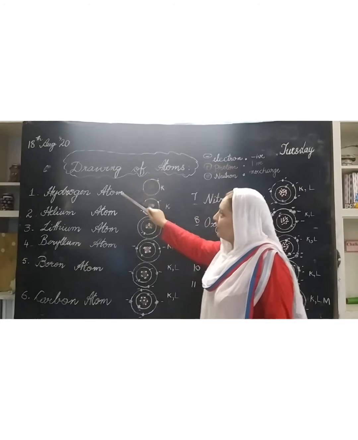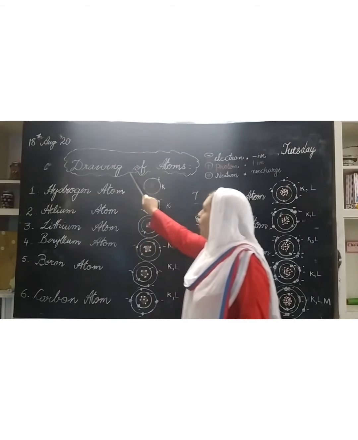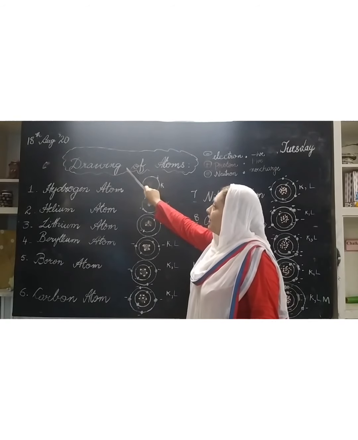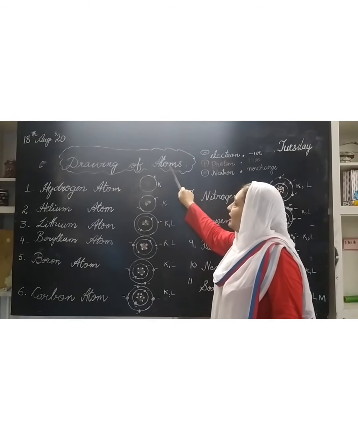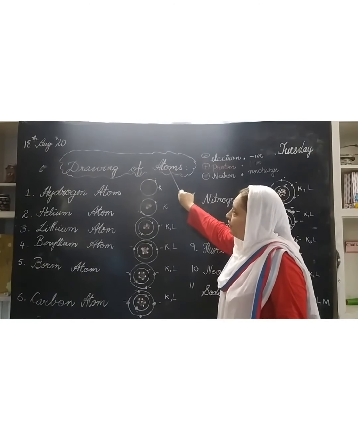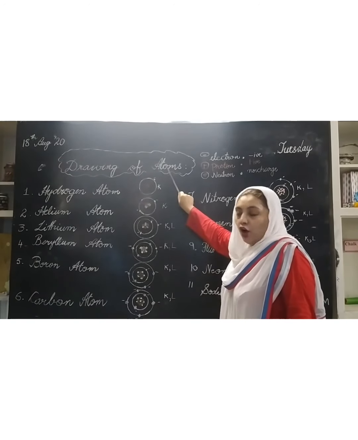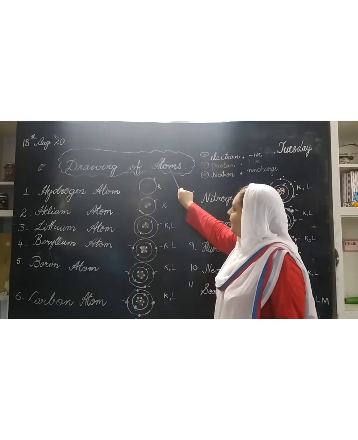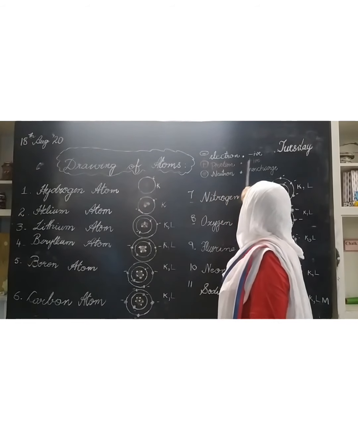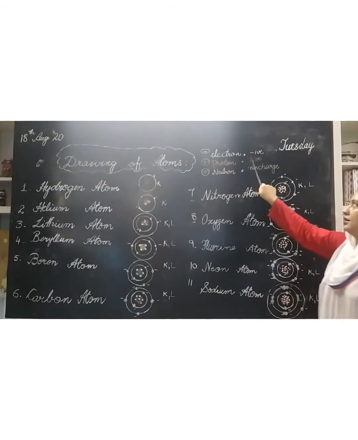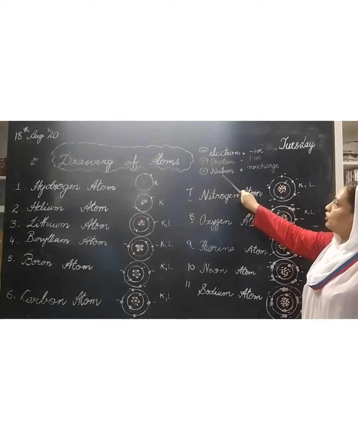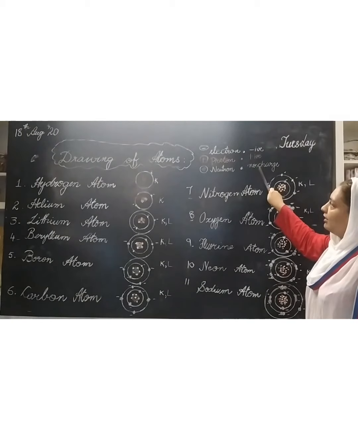Assalamualaikum students. Today we are going to do drawing of atoms. You know very well that atoms are the smallest particle of matter. After 1,000 years development of theory by scientists, we have discovered that atoms are actually made up of protons, positively charged particles, electrons, negatively charged particles, and neutrons which have no charge.